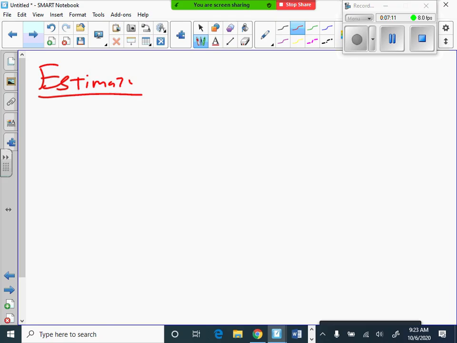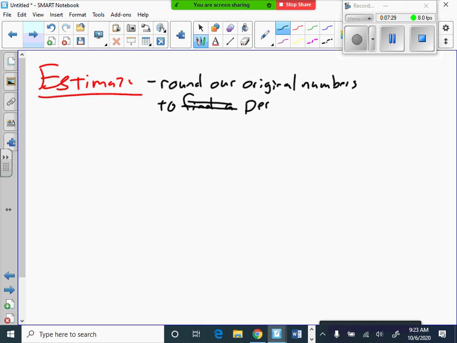To estimate means that we round our original numbers to perform an operation that gives us a close answer. We estimate when we don't need the exact answer.